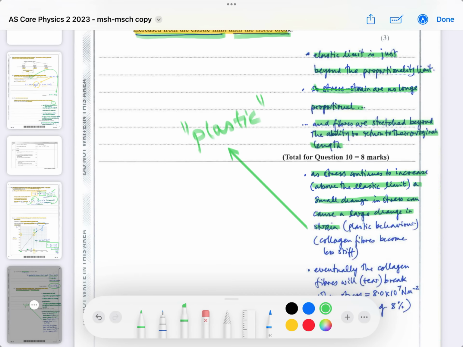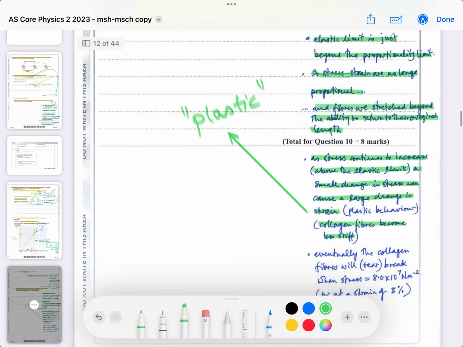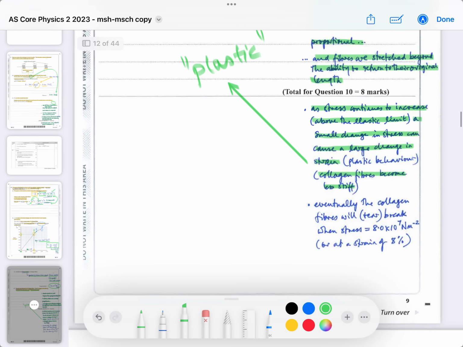And the collagen fibers become less stiff. Any fibers, and we're talking about collagen in this case, become less stiff when they go beyond the elastic limit. Eventually, the collagen fibers will tear or break.